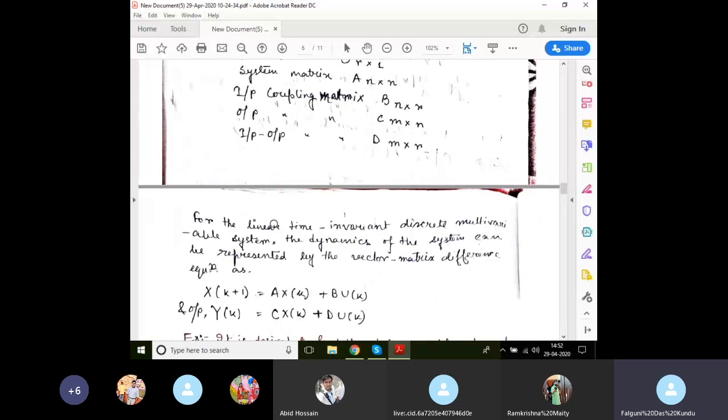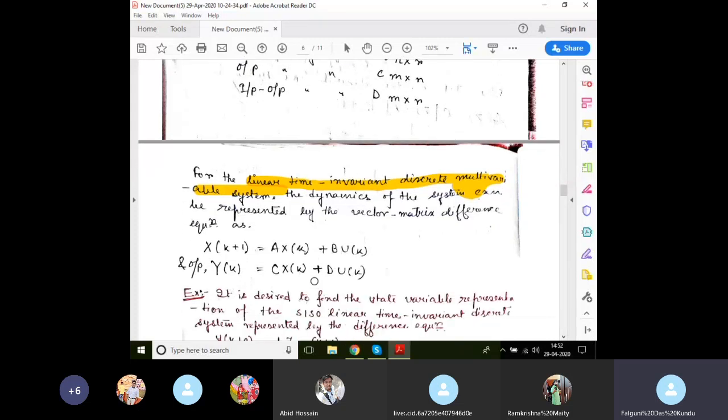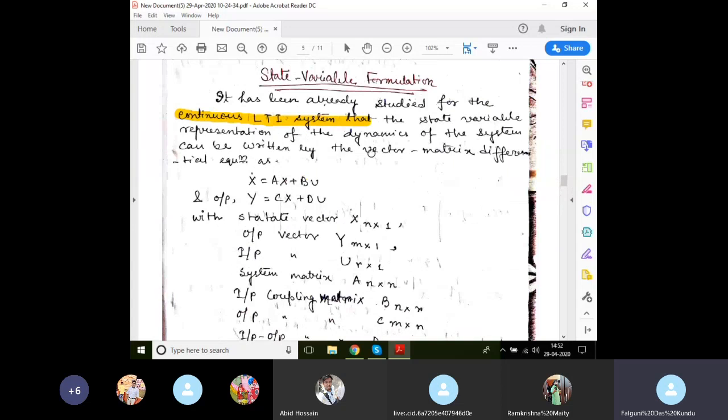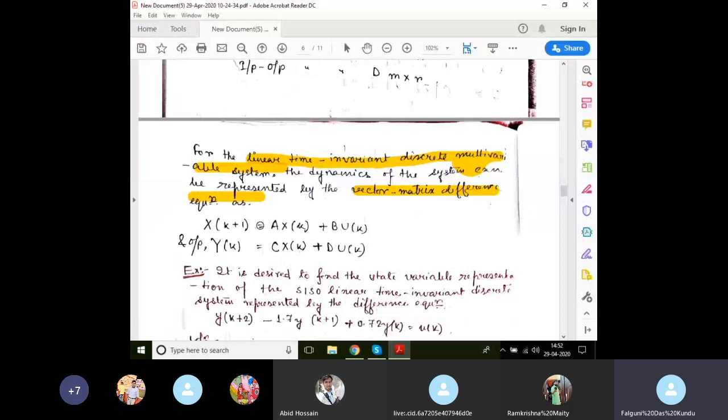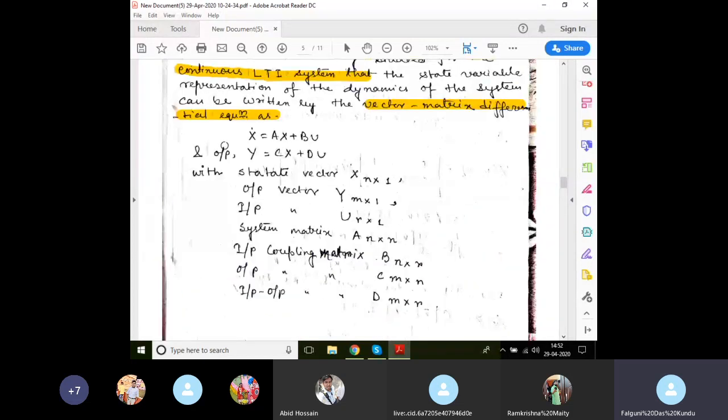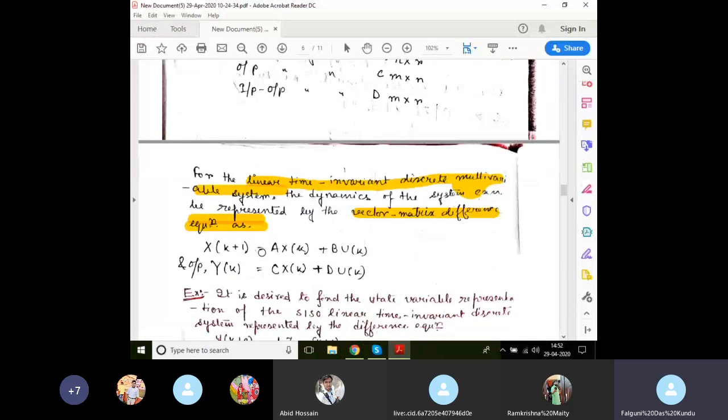Now for the linear time invariant discrete multivariable system, we use the vector matrix difference equation instead of the differential equation, which is given by x of k plus 1 equals A x of k plus B u of k, and the output y of k is nothing but C x of k plus D u of k.